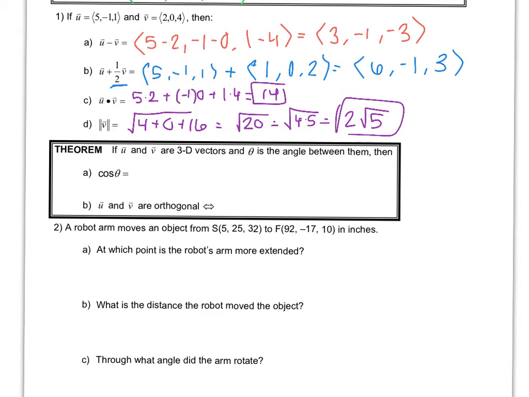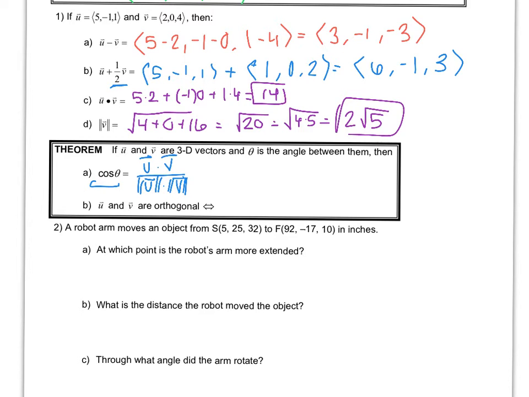So if you have two vectors and you want to know the angle between them, the cosine of the angle between them is always their dot product, u dot v, divided by the product of their magnitudes, magnitude of u times magnitude of v, and then you would just do inverse cosine of that entire fraction right here to get the value of theta.